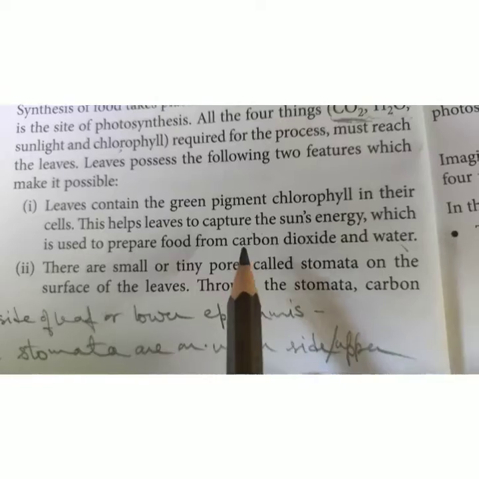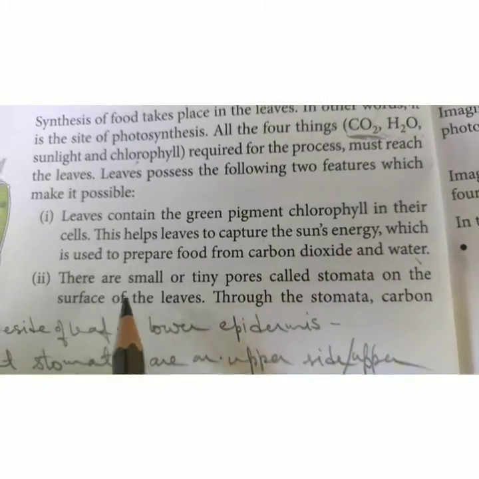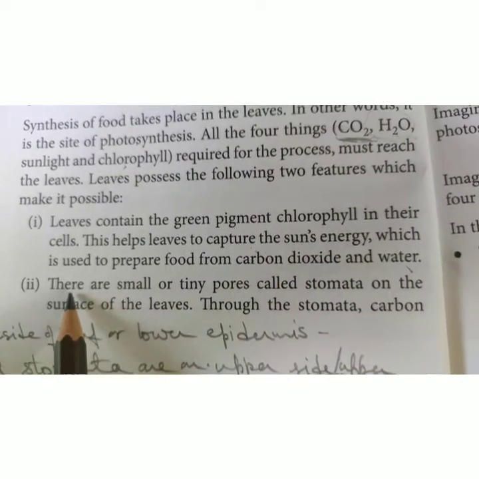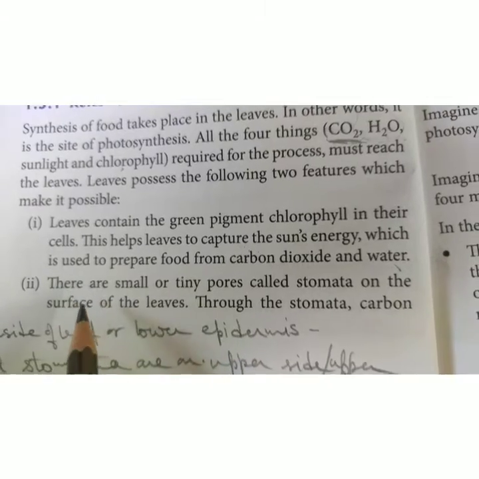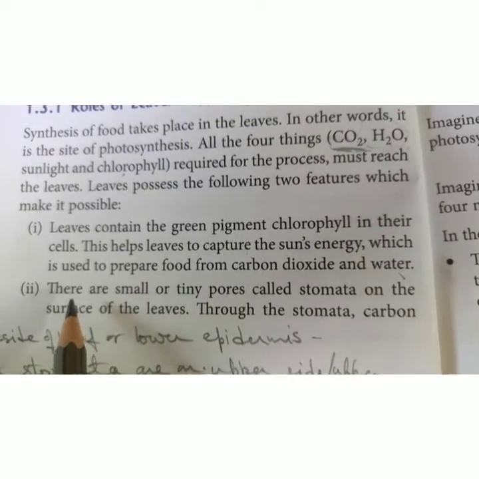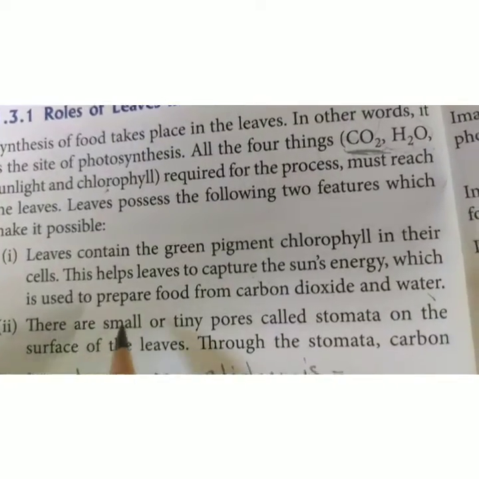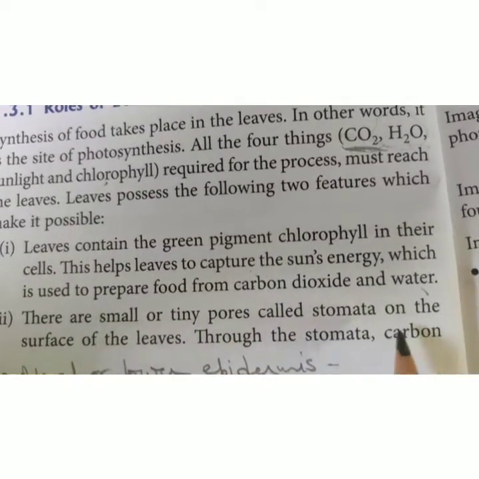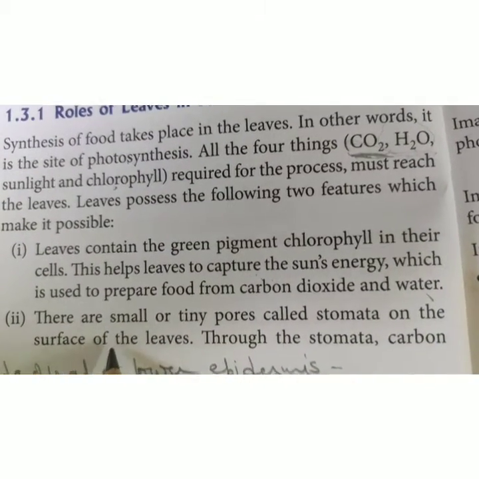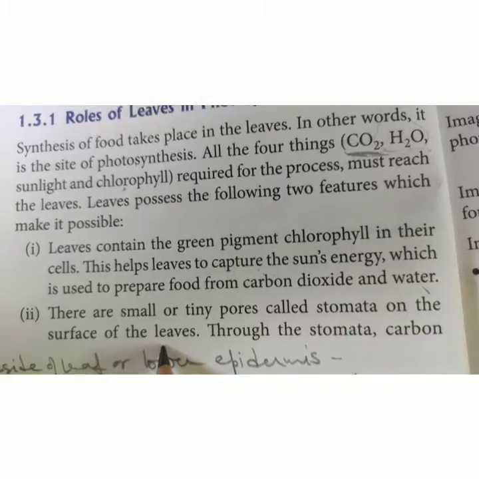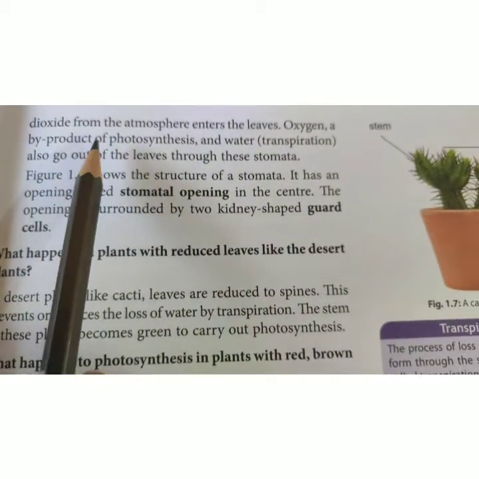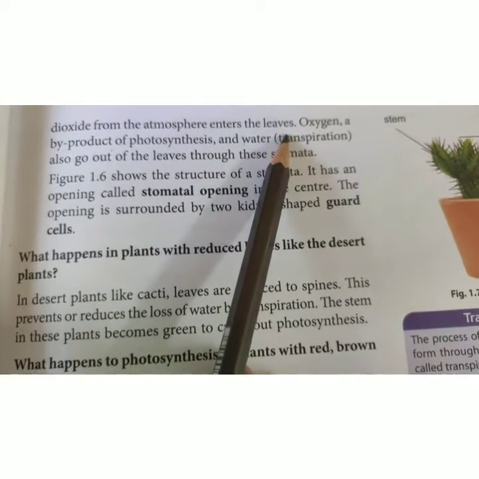What is the other feature of the leaves which helps photosynthesis? It is the tiny pores called stomata present on the leaves. Through stomata the carbon dioxide from the atmosphere enters the leaf.